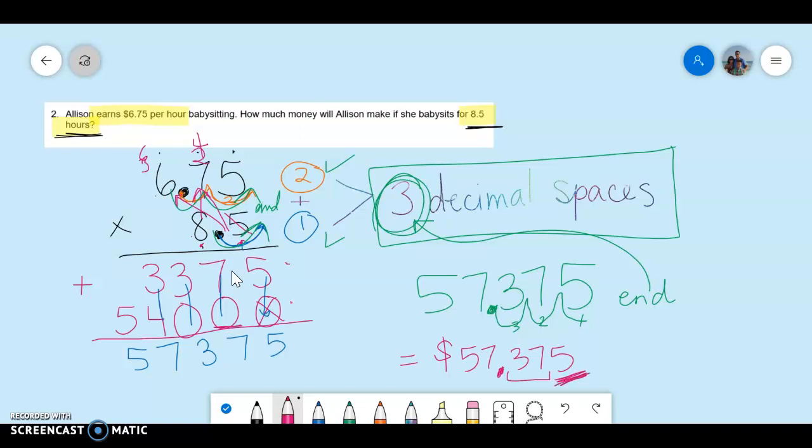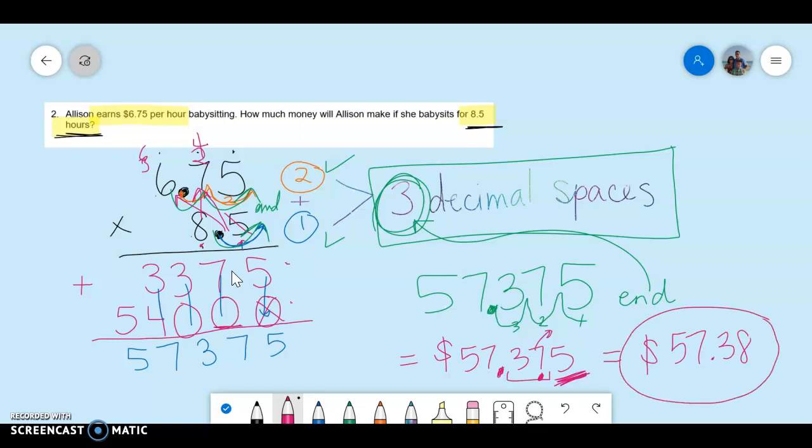If it's 5 or greater, you round it up. So I'm going to look at this 5 that lives behind this 7 right here, and that 5 tells me to make that 7 go up. Since it's money, I'm going to round it up, and I am going to say that I have $57.38.